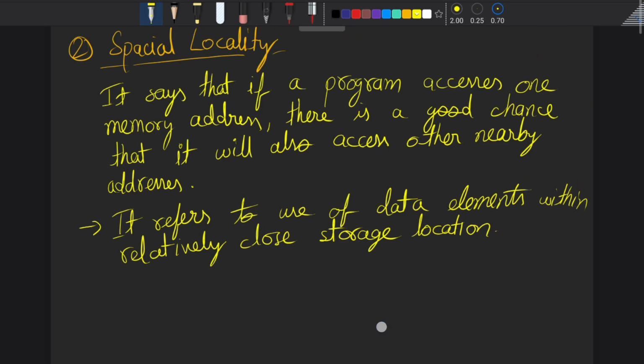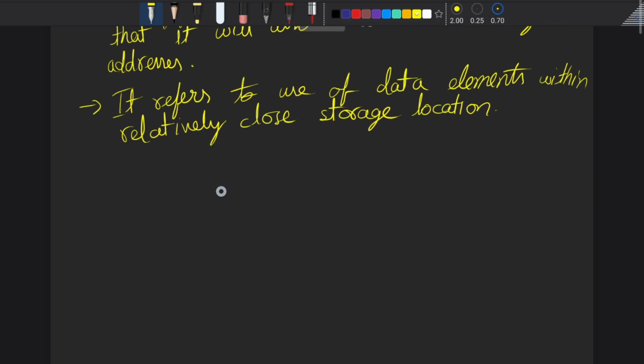Nearly every program exhibits spatial locality because, as you know, programs execute sequentially. So there is always a high chance that they will address sequential memory locations. One of the very good examples is an array.